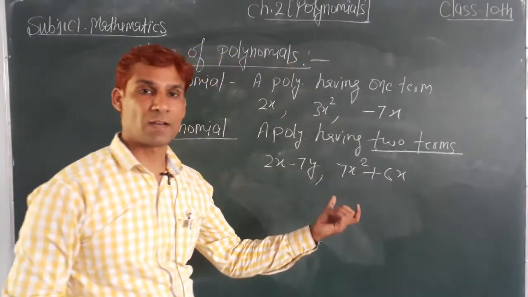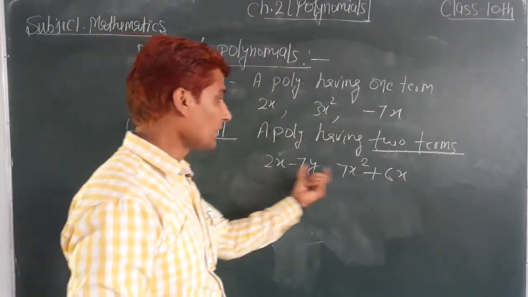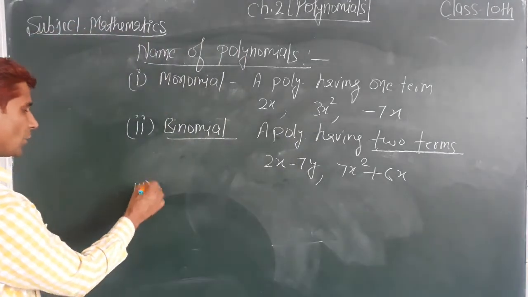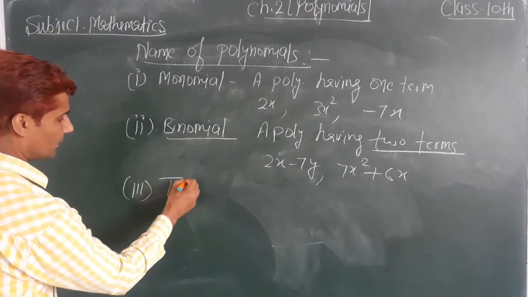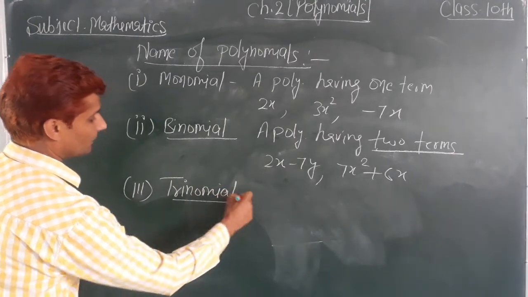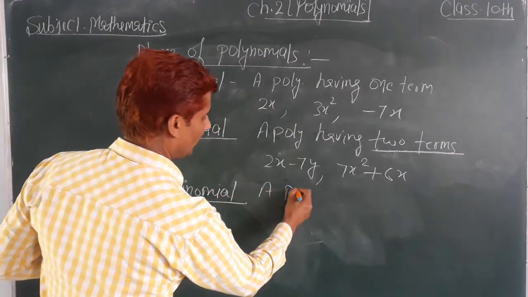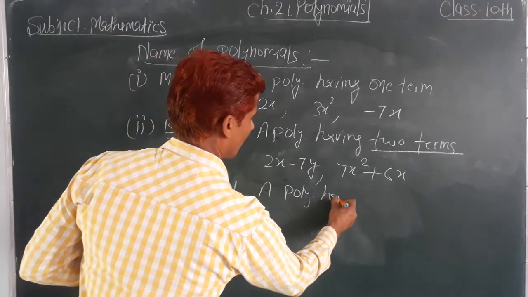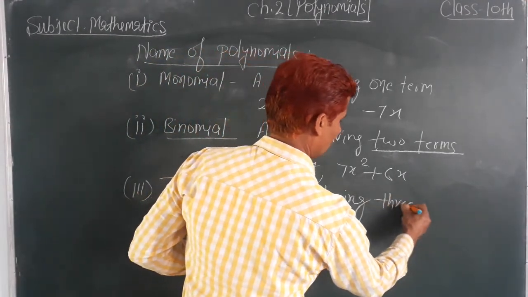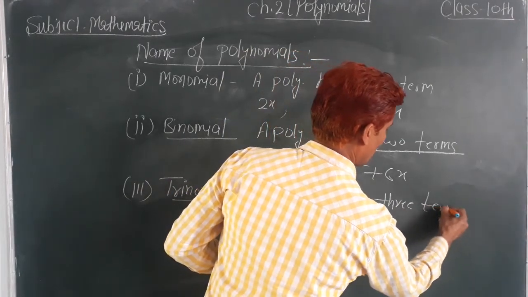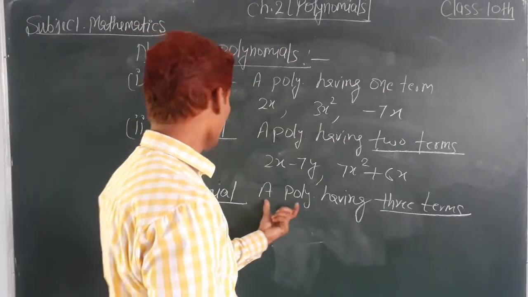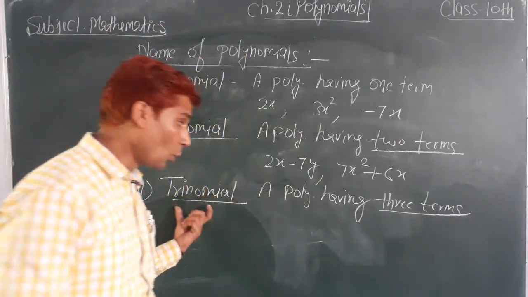These are a few examples of binomials. Similarly, trinomial क्या होता है? Trinomial, a polynomial having three terms, एक ऐसा पॉलिनोमियल जिसके तीन टर्म्स होंगे वो आपका कहलाएगा ट्राइनोमियल.